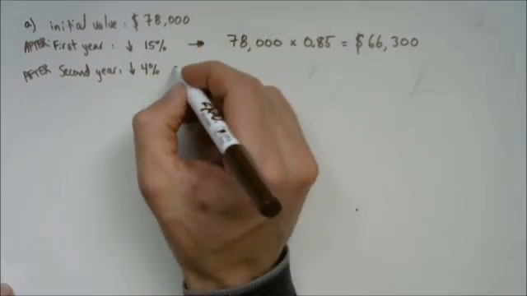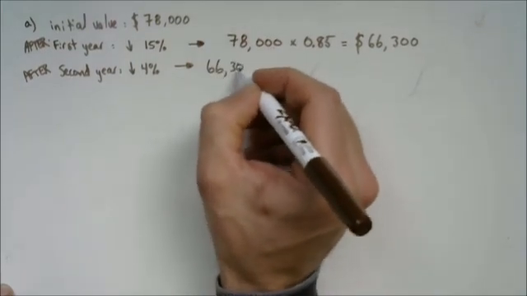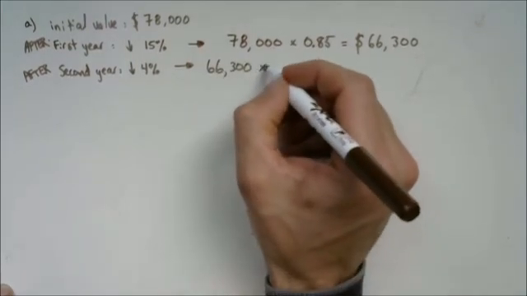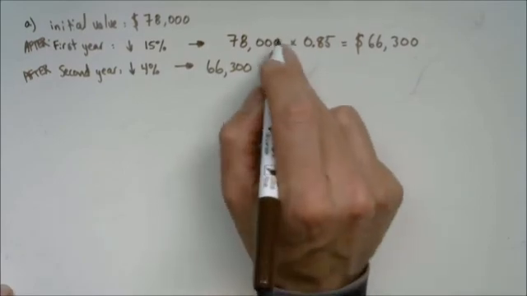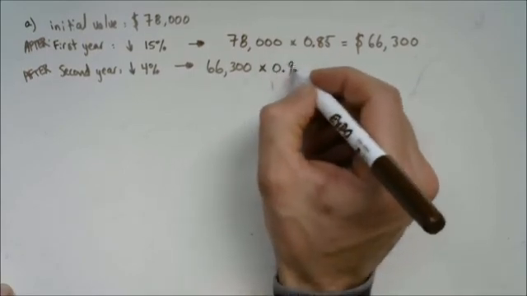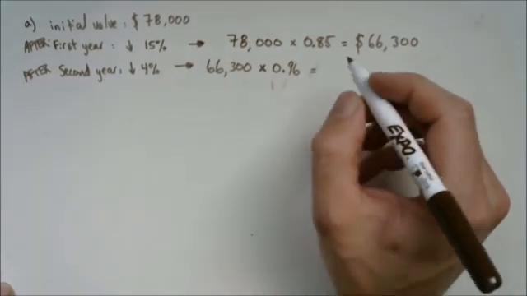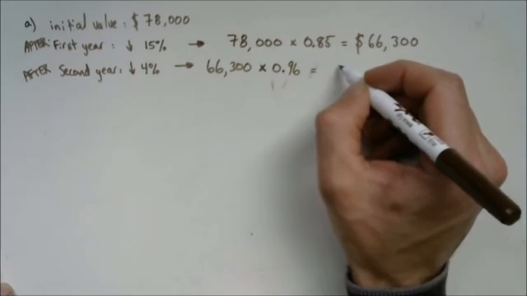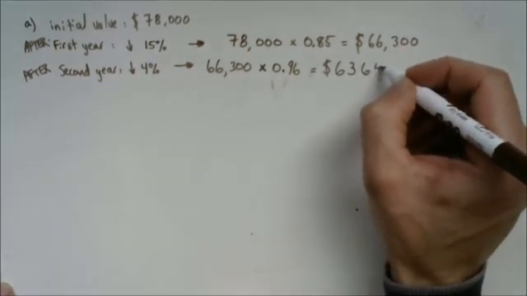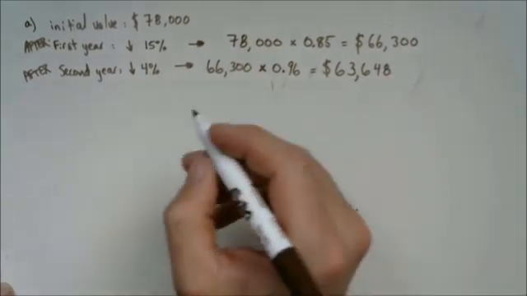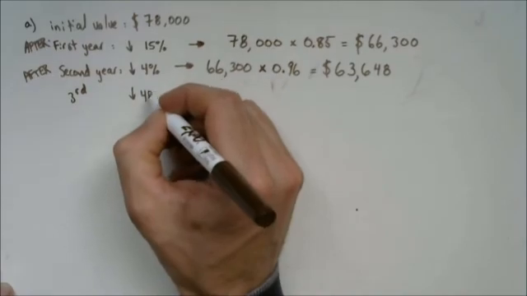So we're starting with 66,300, and we're going to lose 4%, so we're still going to have 96%, which is times 0.96. Click in your calculator, gets us a value of $63,648.